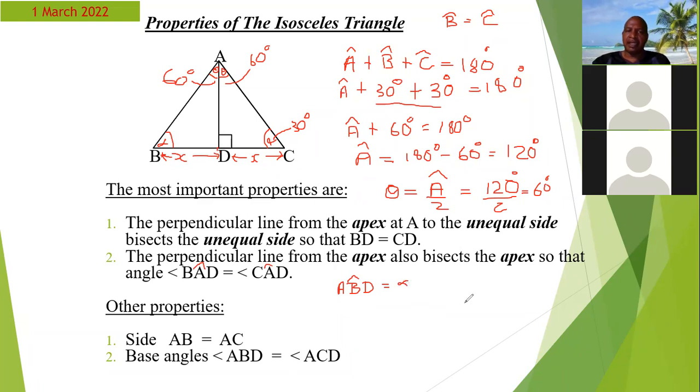And based on the given angle at C, we know that it would also equal the angle at C, or rather, let me correct that, the angle ACD. All right, so these would be the base angles. Is that clear, guys?